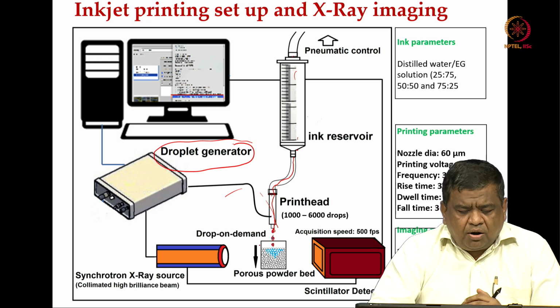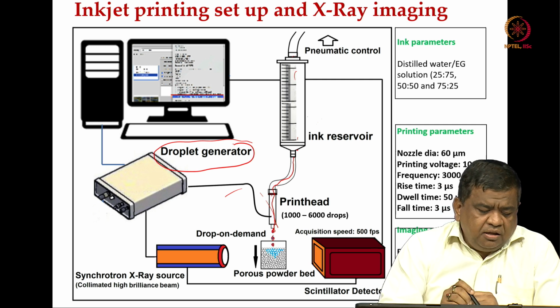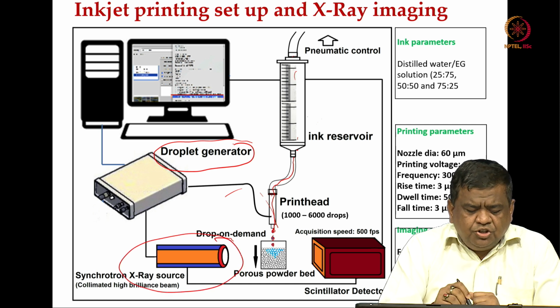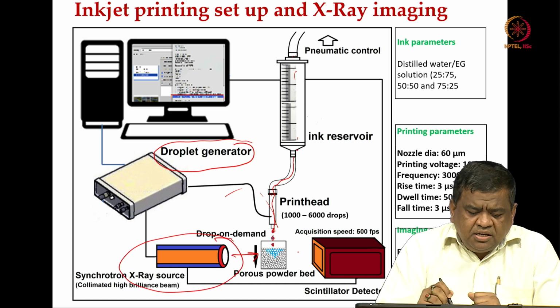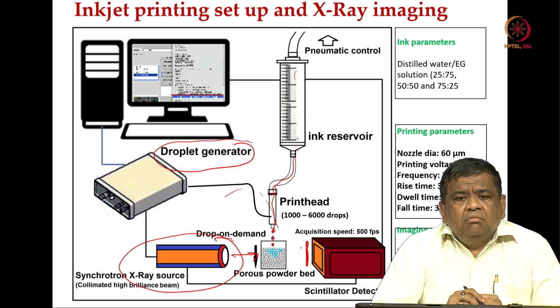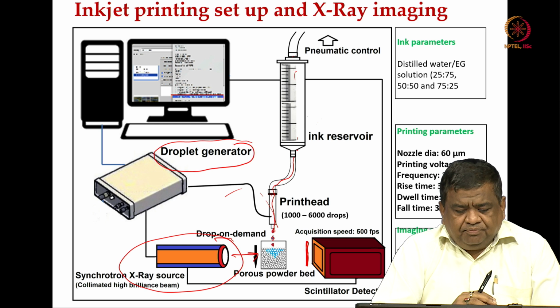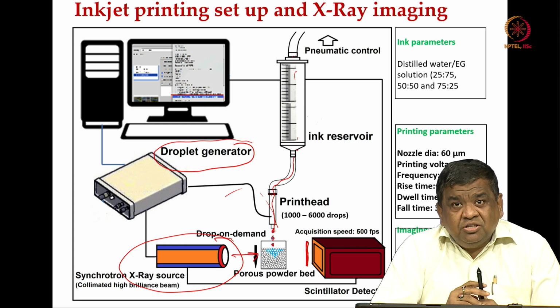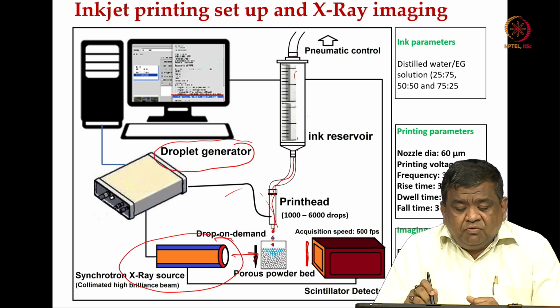This is a porous powder bed, and this is the synchrotron X-ray source, which will be focused very carefully, and then images will be acquired in a 2D slice manner. The acquisition speed is 500 frames per second.